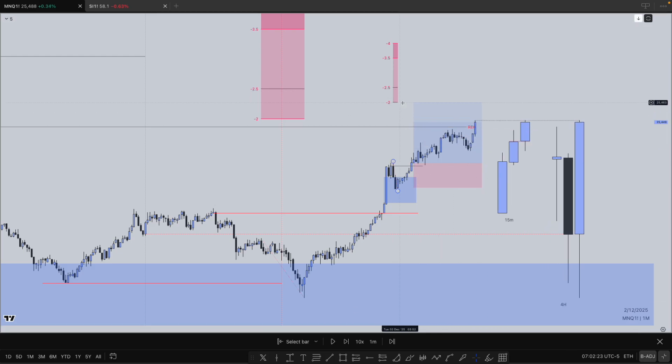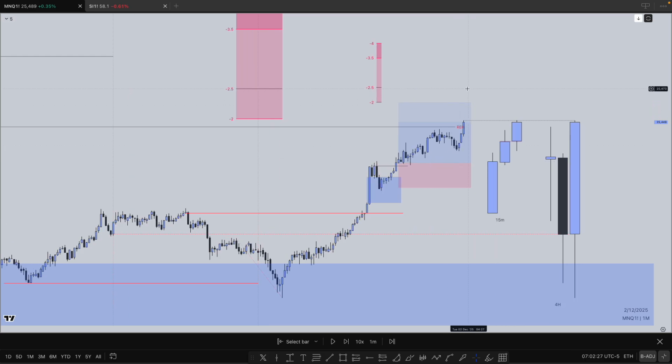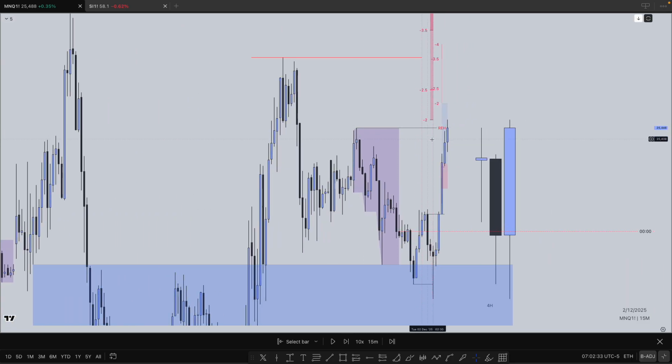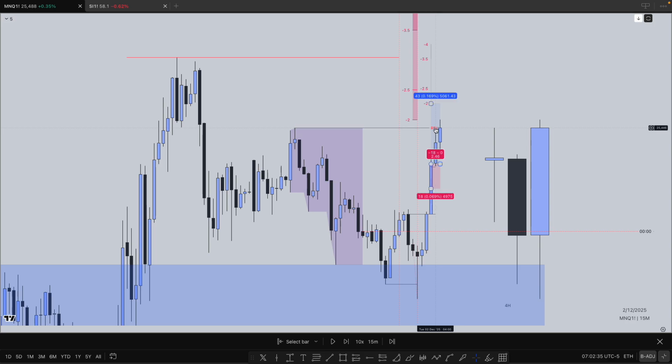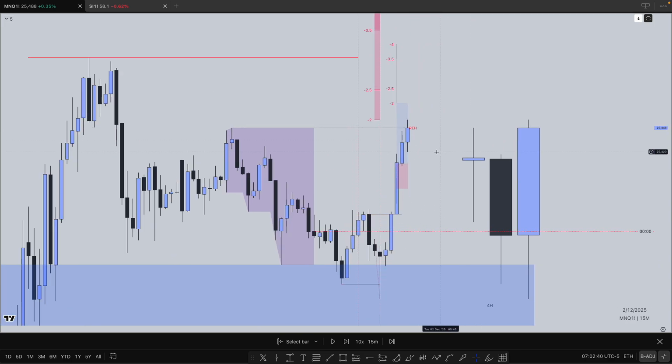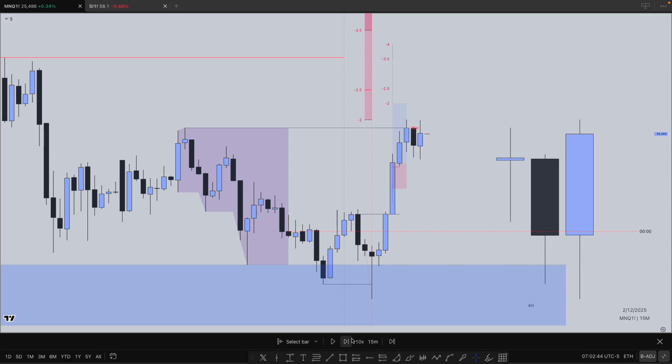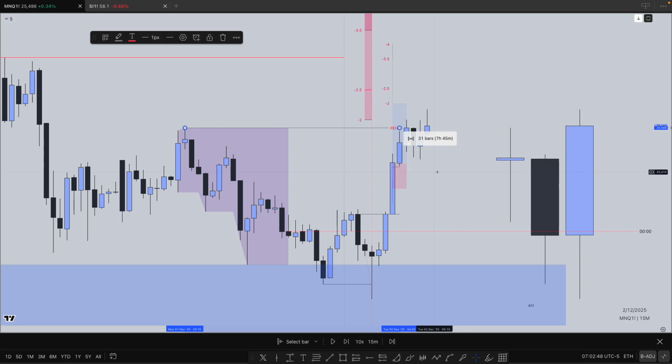Now once we had done that, my stop went to break even. And I let this play out, even though ES had taken out, right, ES had already taken that out by that point, before it had taken out my take profit zone. But I left it running because I was looking for price to have a retracement on the 15 minutes, which we got. So I left my runner, and my stop loss was at break even.